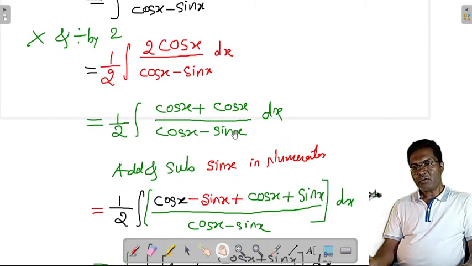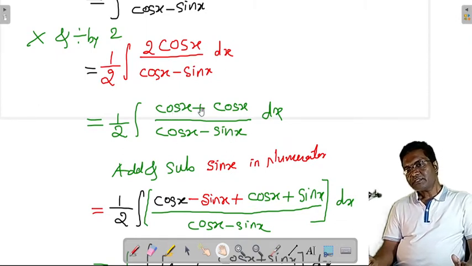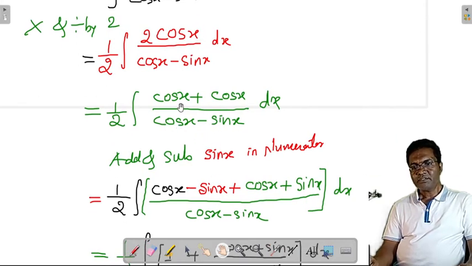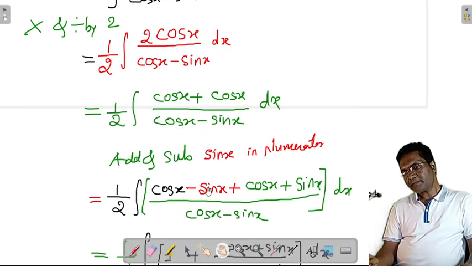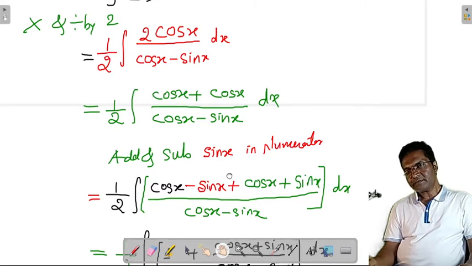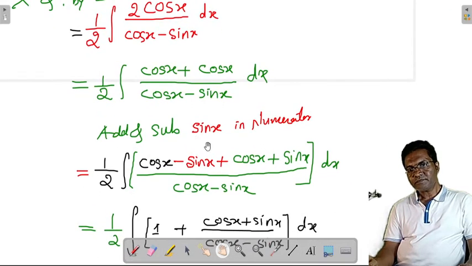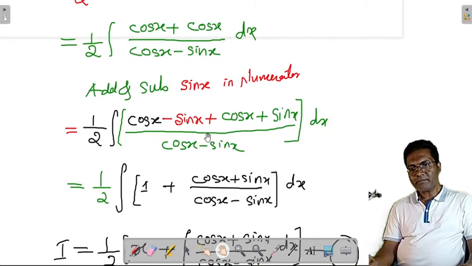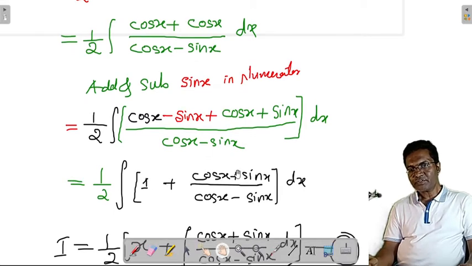So here we have cos x minus sin x, so subtract and add sin x in the numerator. Okay, so sin x subtracted and added here, just an arrangement. Subtract and add sin x in the numerator, you will get this. Next, this divided by this gives you 1, and this divided by this as it is.